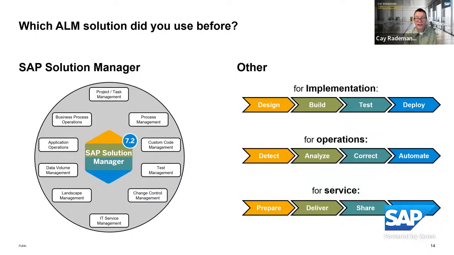Do I use the SAP Solution Manager, or do I have another application lifecycle management solution, or maybe even Excel or SharePoint based tools? And then you have different expectations on what you really want to achieve with the application lifecycle management. I cannot say that the one side or the other side is the better one.